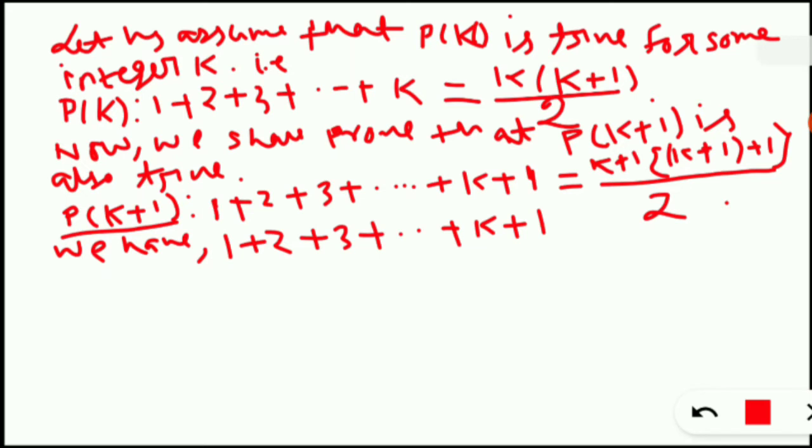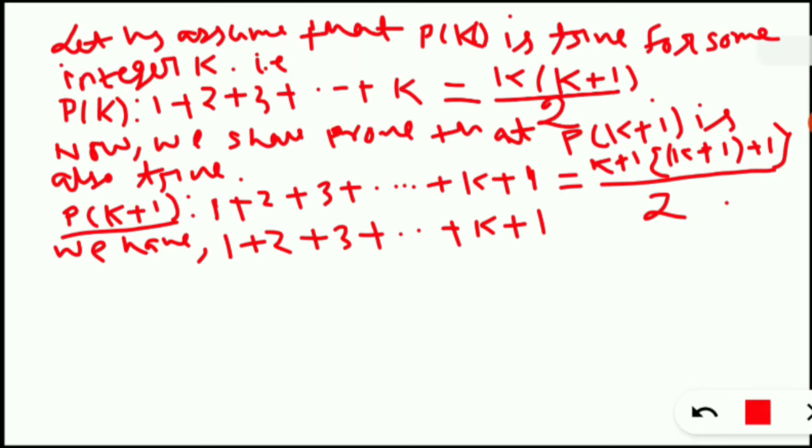Now student, see that first term is 1 and second term is 2, third term is 3, similarly fourth term is 4, and the last term, that means k plus 1th term, is k plus 1. So if we add 1 with first term, then we get the second term, that means 2, then 2 plus 1, that means third term, 3 plus 1 equals to 4, that means fourth term, or inversely 3 minus 1, that means 2, second term, 2 minus 1, that means 1, first term.